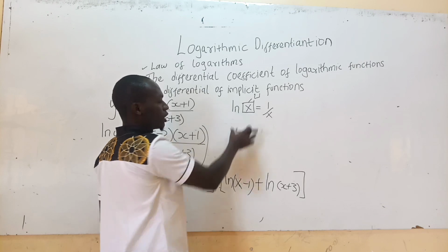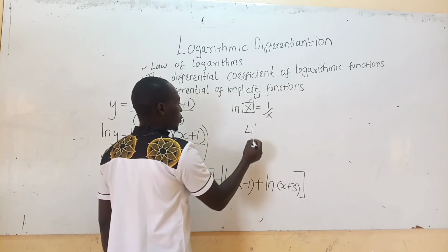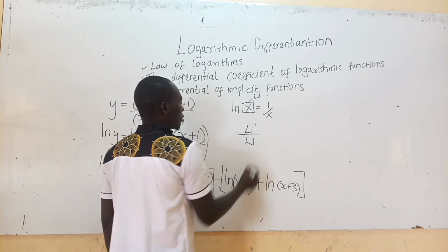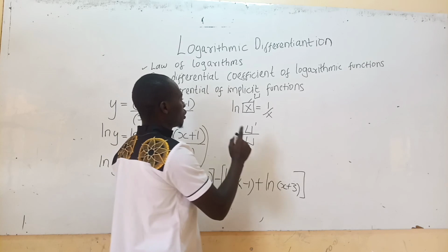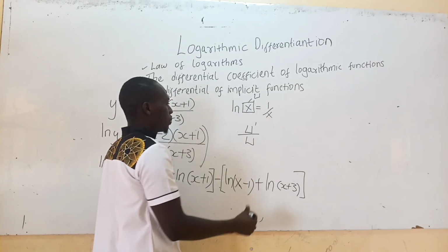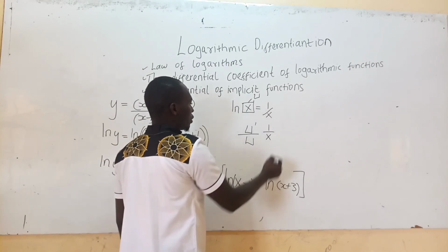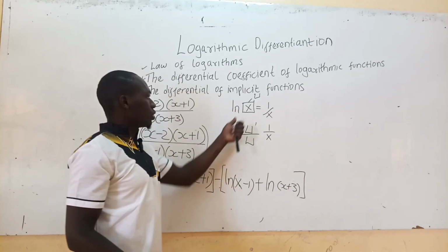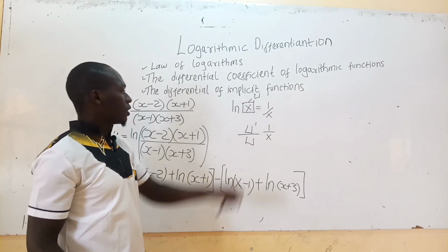So for us to differentiate a natural log, it is always the differential of the term of u all over the term of u. Here, our term of u is equal to x. To mean when we do our differential with respect to x, we are going to have 1 all over the term of x, which is equal to u. So this is how we do our differentials of natural logs.